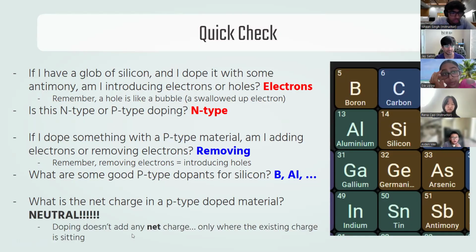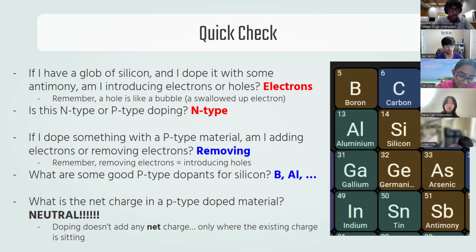And so the key idea is that when we dope a material, we're taking that grid of elements and just plopping some extra elements into there. When we dope it with an n-type, the extra elements that we plop in happen to also give us some extra electrons that can float around. When we dope it with a p-type, that extra element happens to also make it so that there are bubbles or holes or lacks of electrons floating around.